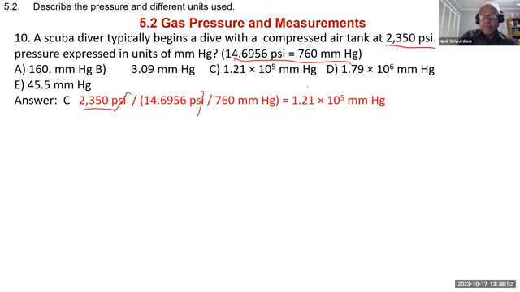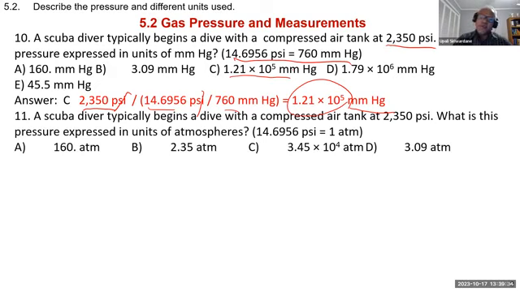You divide it by this conversion factor. Then you're left with millimeter mercury. When you do this number divided by these numbers, you get 1.21 times 10 to the 5, which is the choice C. This is another factor label method conversion, using the conversion factor for pressure, millimeter mercury to psi.